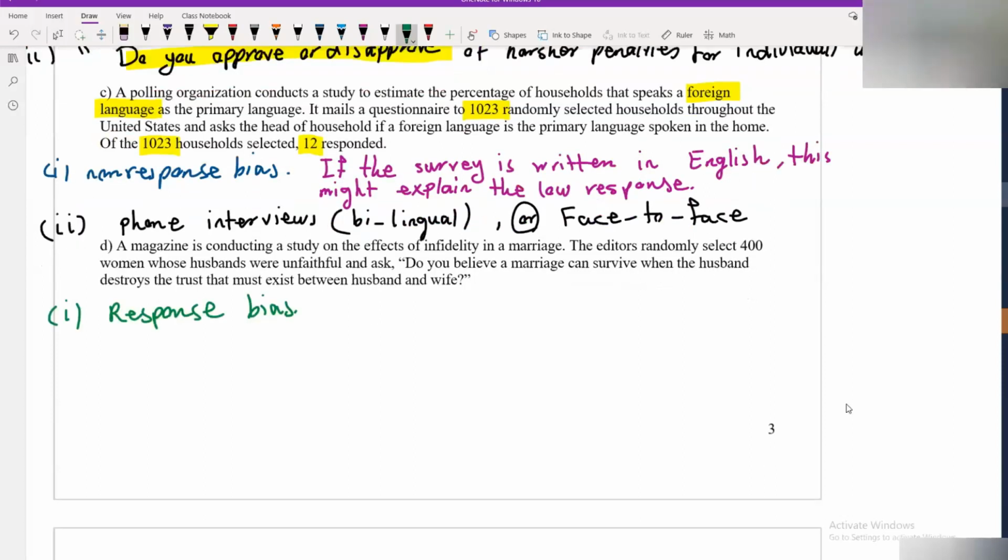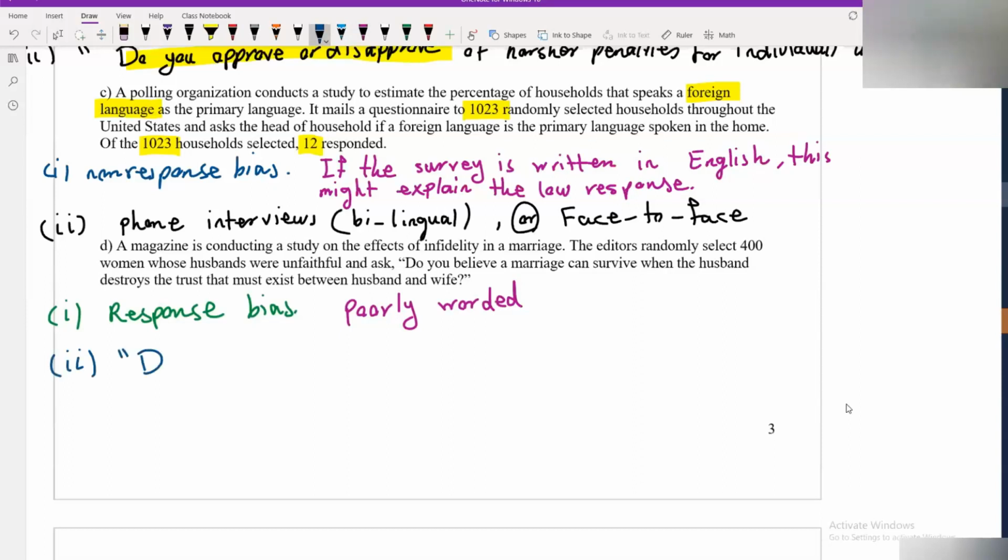Do you believe marriage can survive when your husband destroys? So it's not nice to have this question like that. The husband destroys the trust that must exist between husband and wife. So this is poorly worded. And you can answer this a different way.